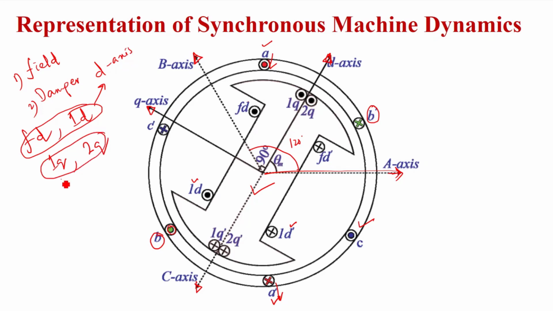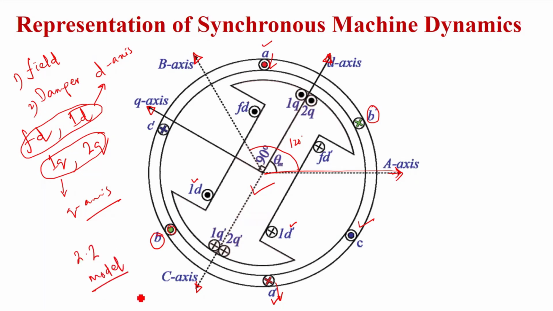Now this is your basic structure. There may be different structures for various analyses, but in this analysis, particularly, we'll consider this model, which is called the 2.2 model.